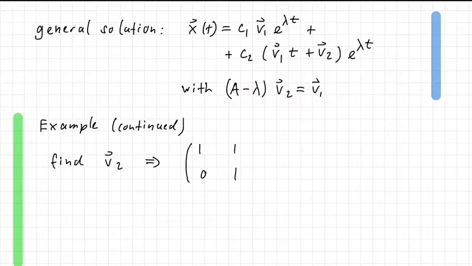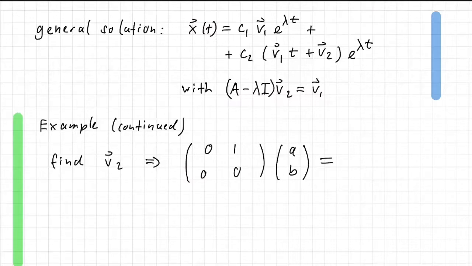Actually I should be more precise here. I actually have lambda times the unit matrix. So what we need to do is subtract lambda equals 1 from the diagonal. So this is minus 1, minus 1. And obviously you see we can simplify to 0, 0 times a, b.